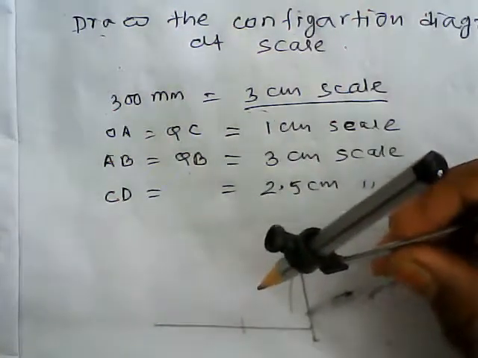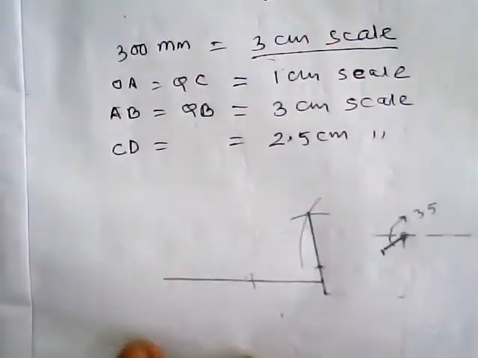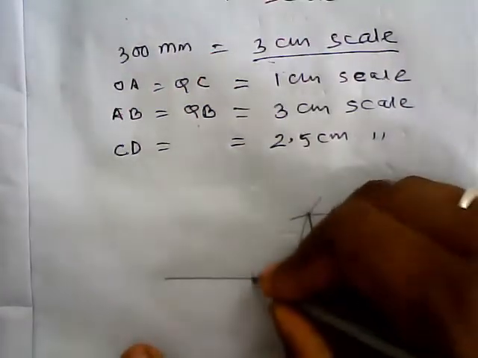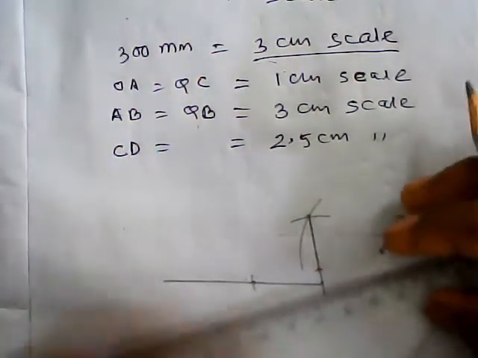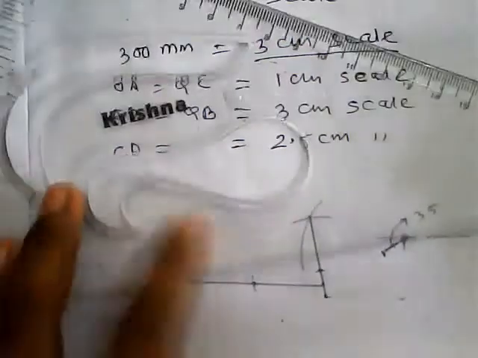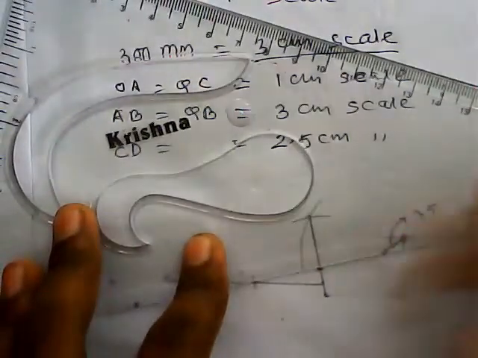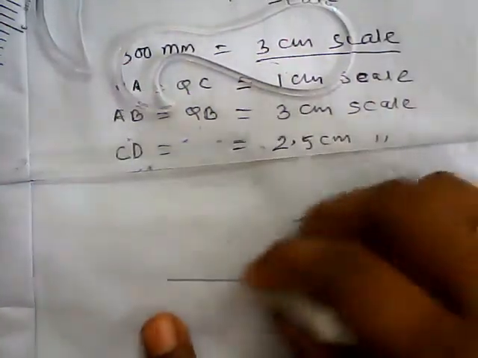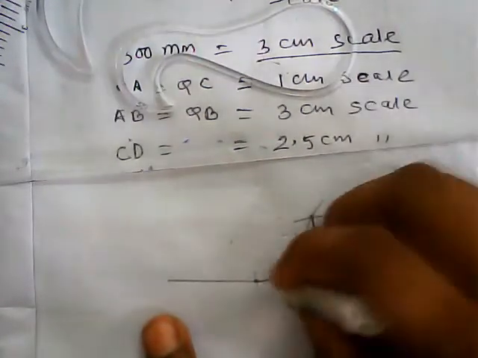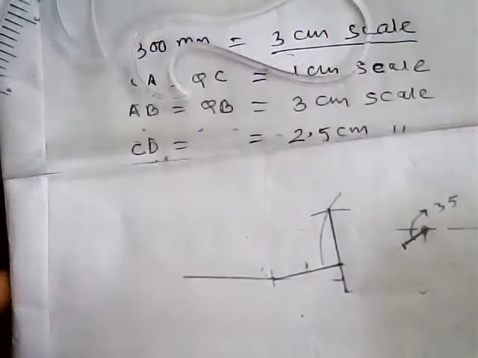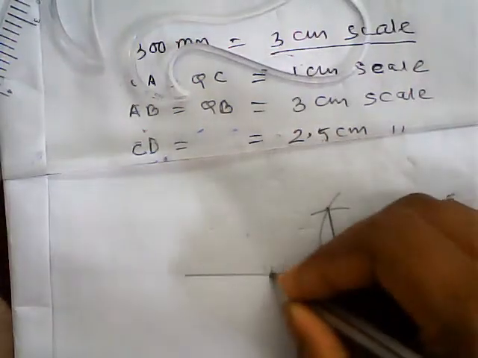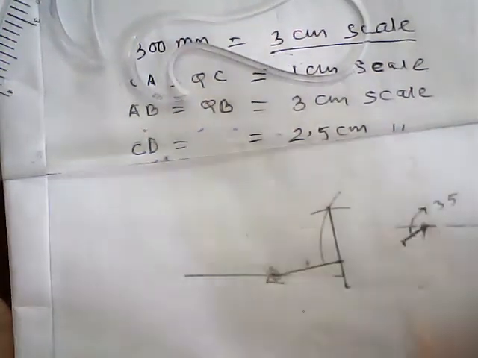And the intersect point is the point D, that is the slider.